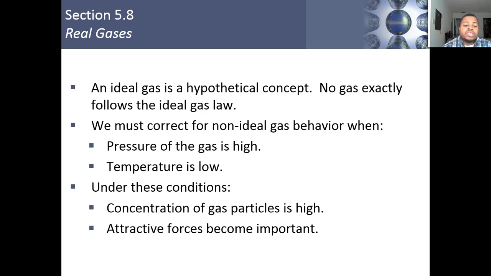But there are certain situations at which we can make these conditions more favorable. What do I mean? We know that all gases have different sizes. Because they have different masses, different densities, and so forth, that would make things very difficult for us to calculate. So what we do instead is we put them at high pressure and the temperature low.